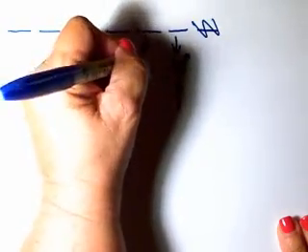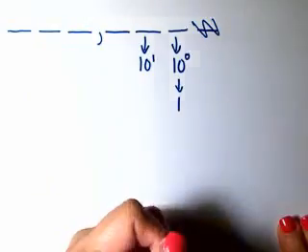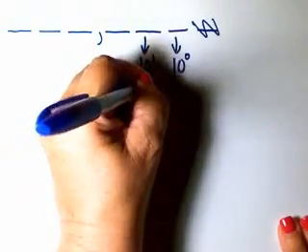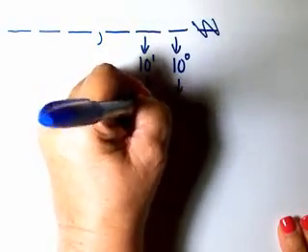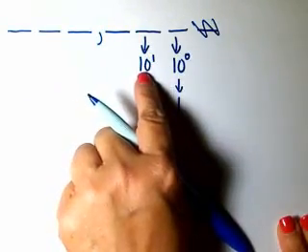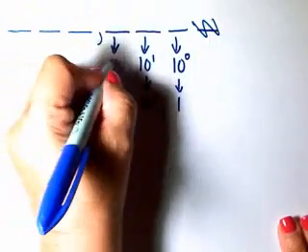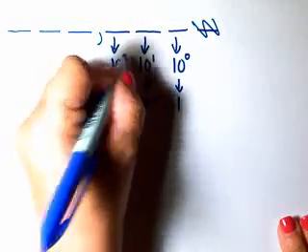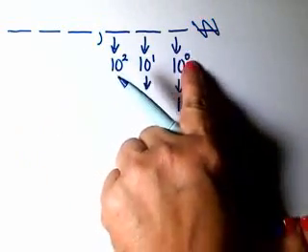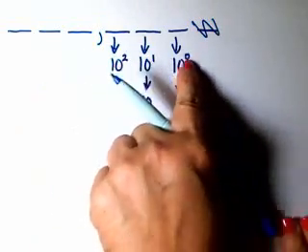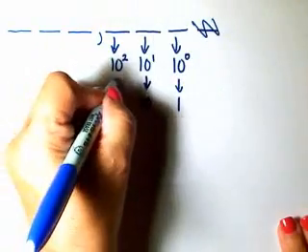Second place is represented by 10 to the first power, or tens. In other words, just 1 ten. Third place is represented by 10 to the second. Notice the pattern. 0, 1, 2. My exponents are raising each time.